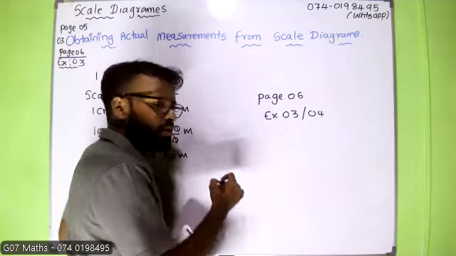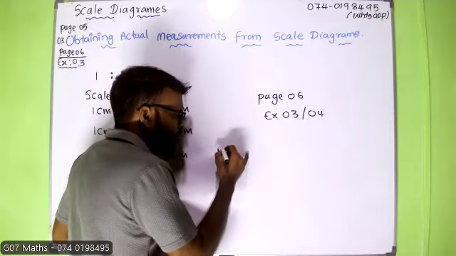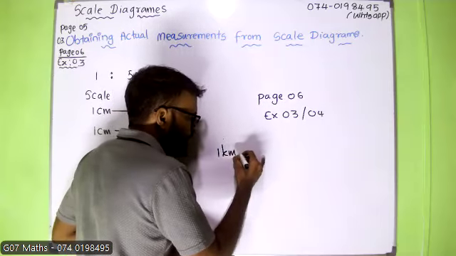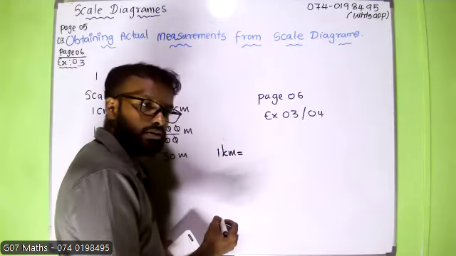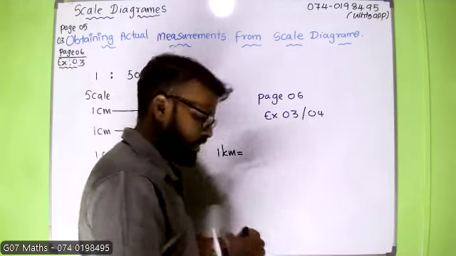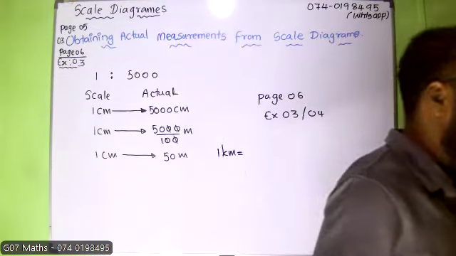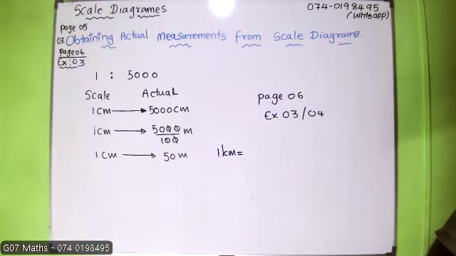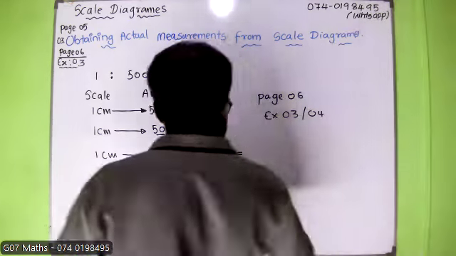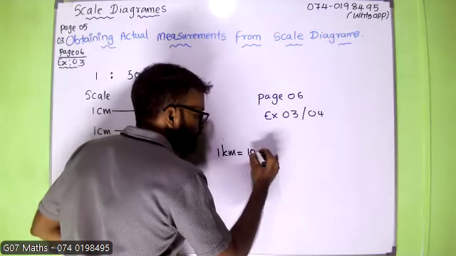What is the relationship between meter and kilometer? 1 kilometer equals how many meters? 1000 meters. Super. 1 kilometer equals 1000 meters.